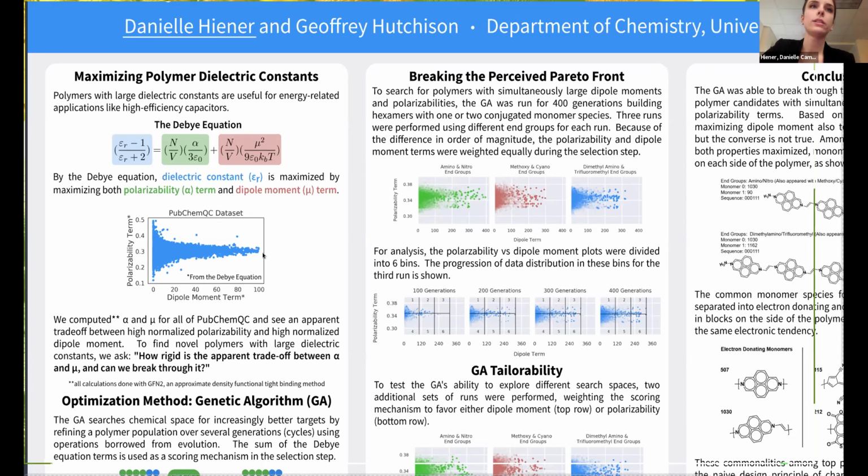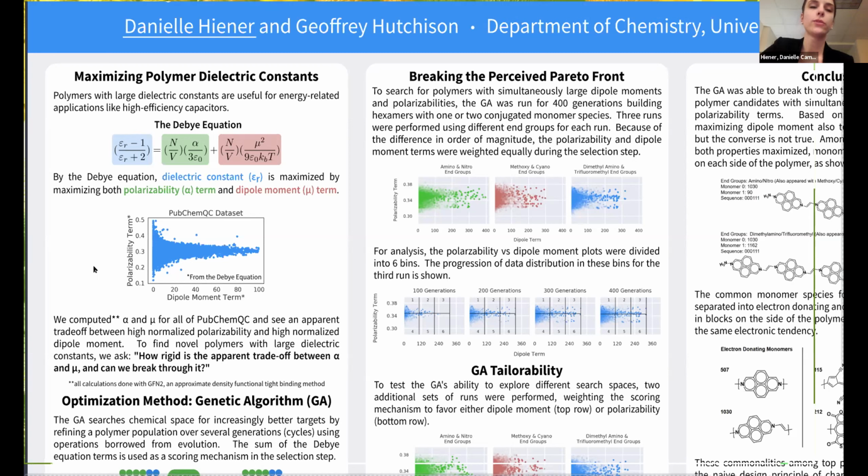And we noticed that there was this seeming trade-off between these two terms, at least for this data set, and that appeared to be perhaps a Pareto front where it was difficult to find any species up in this area where both the polarizability and dipole moment terms are both maximized, which would then of course maximize the dielectric constant.